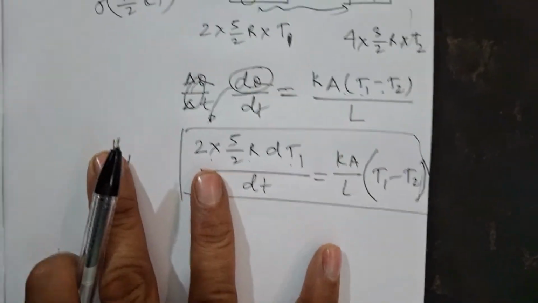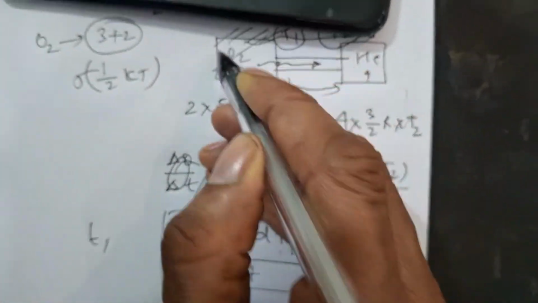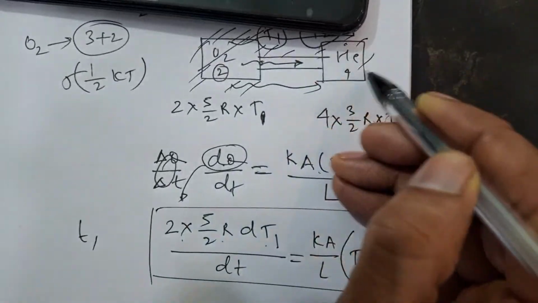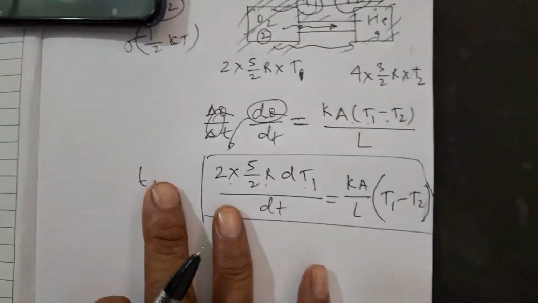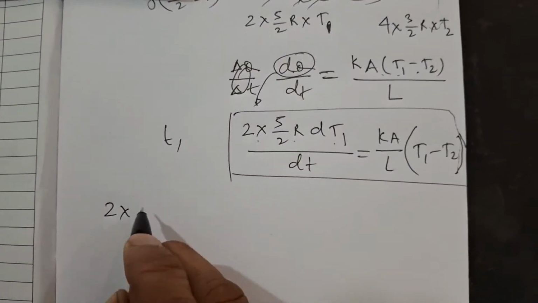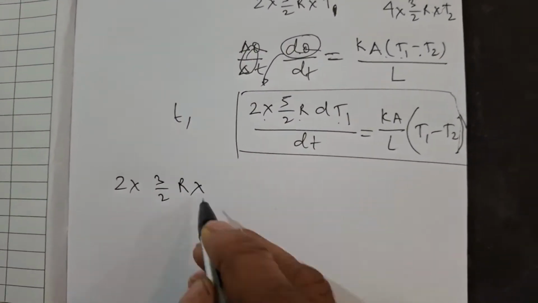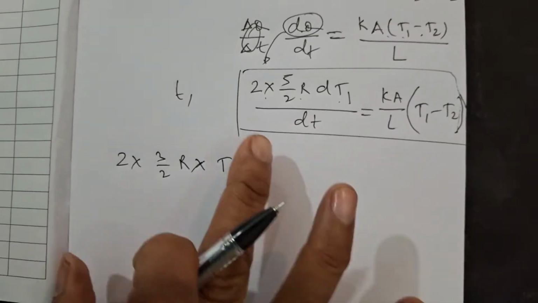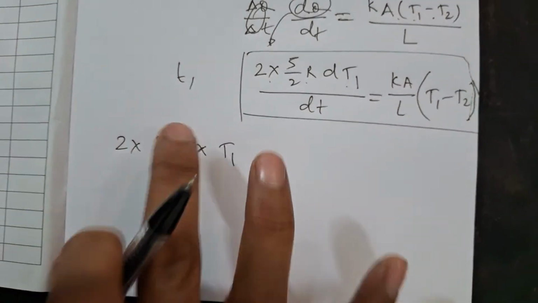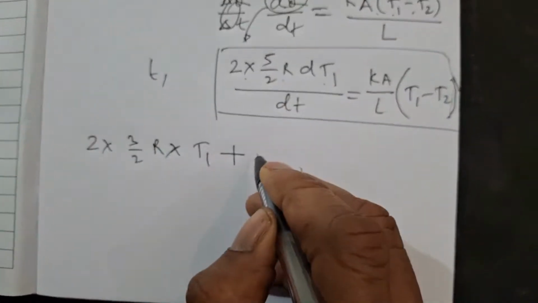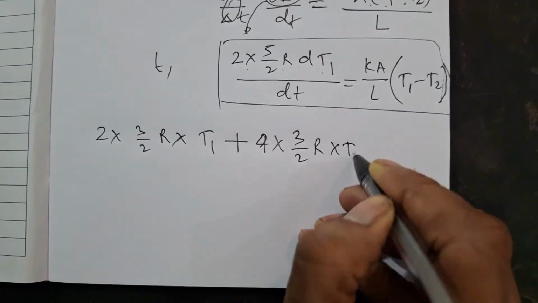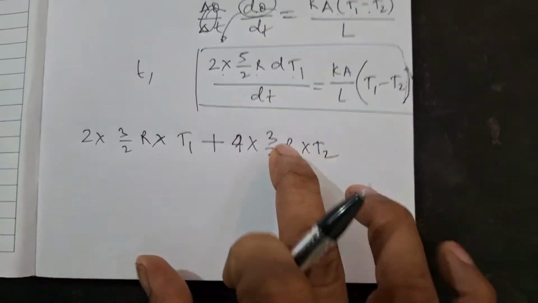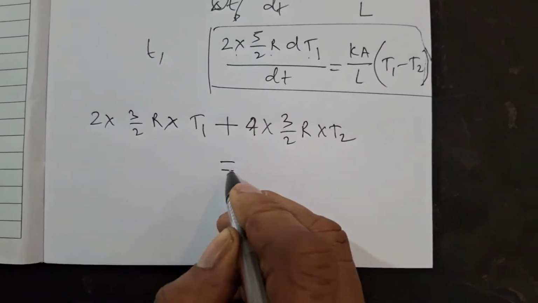Now apply energy conservation, because the energy is conserved. These are adiabatic walls. Heat lost equals heat gained. So find with the help of boundary conditions. So n CV T, initial energy carried by oxygen, and 4 mole CV into T, the initial energy carried by helium, equals the energy at any time.